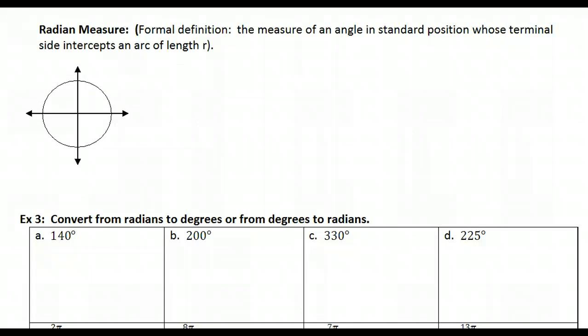So, I mentioned this in section 13.1, but we have 2 different units of measurement to measure angles. It's just like how for distance you could measure in feet, miles, or you could measure it in meters, kilometers. So there's 2 totally different measurement systems, right?